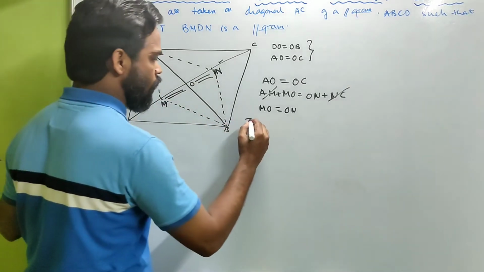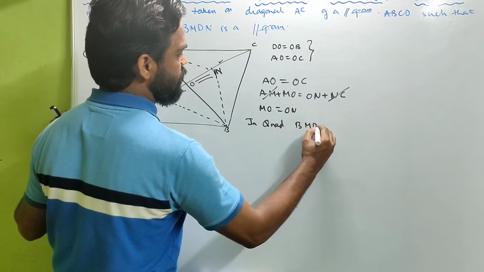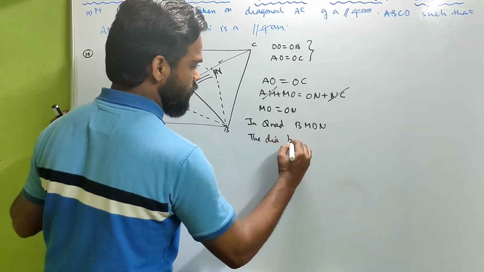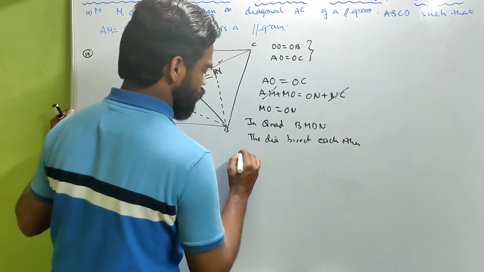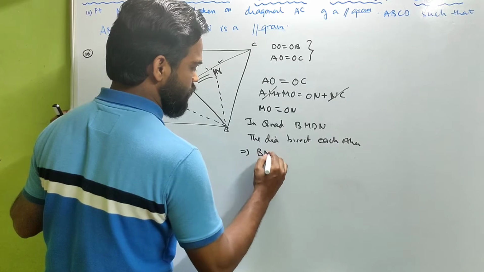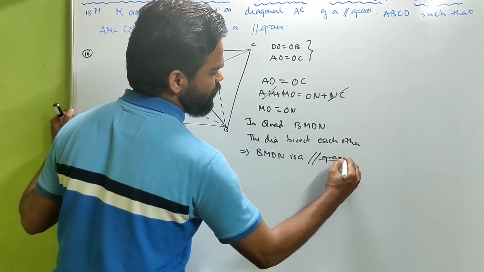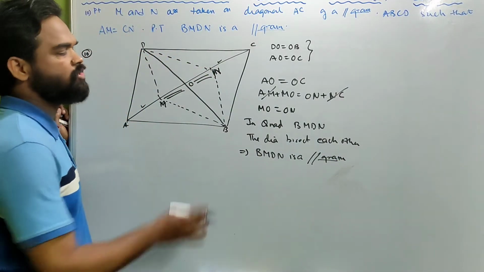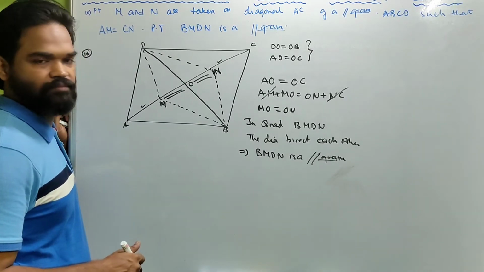So in the quadrilateral BMDN, the diagonals bisect each other, which means BMDN is a parallelogram. Very easy. Just look over here. Isn't it? Pretty easy. Just need to prove that the diagonals bisect each other. Our work is done.